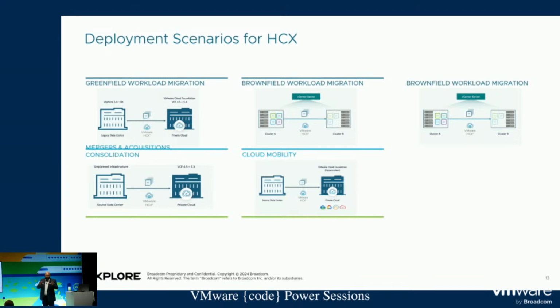Service mesh, one-to-many, many-to-one, that is the beauty of that product. And that product is available inside the VCF platform now, and it's also available in all the hyperscalers. VMC on AWS, you have HCX. Google, you have HCX. Azure, you have HCX. So if you want to install a connector on your on-prem data center and migrate the data to any of our hyperscalers or another private cloud, you can use that tool for that. And zero extra cost on that.